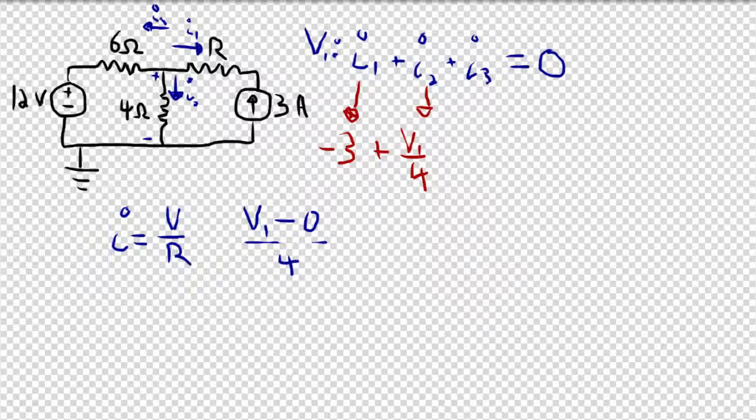So finally, all we have to do is find I3. Now, I3 is also not that complicated. Slightly more complicated because of the voltage source, but really not that bad. What we can do, instead of using, can I get rid of that? There it is.